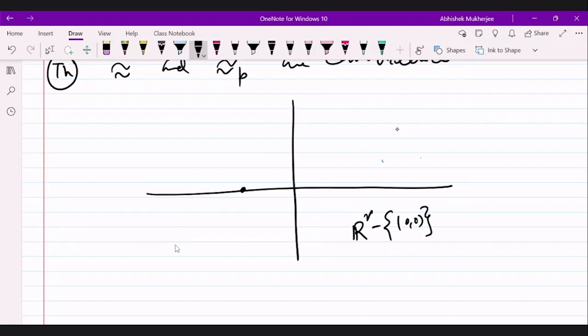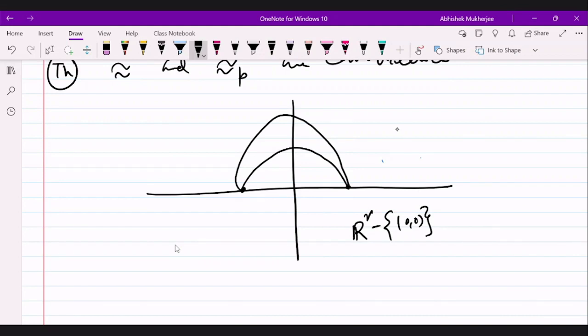One is the unit semicircle, that is the upper semicircle, and another one is the upper part of an ellipse.